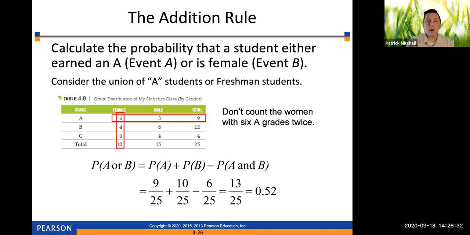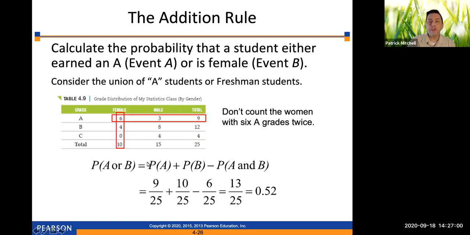All right, so if we want to find the probability of A or B, using that formula, we'll do the probability of A plus the probability of B minus the probability of the intersection. Now, if you think about how they did that last example, they basically just added, if they were using these numbers, 6 plus 3 plus 4 plus 0, okay?